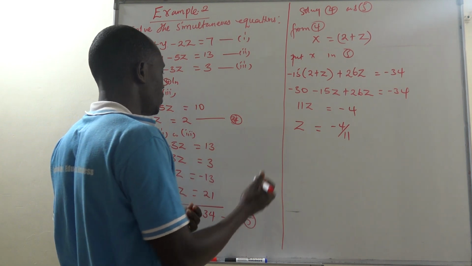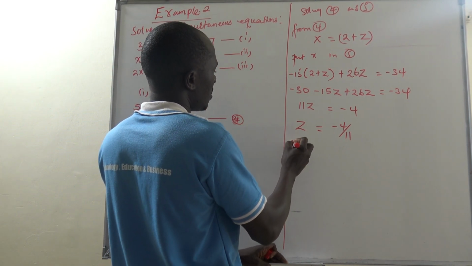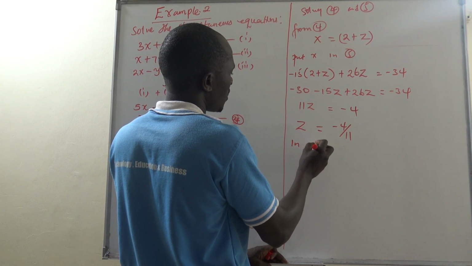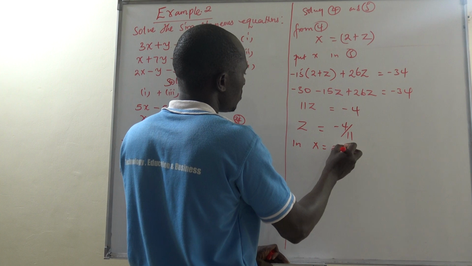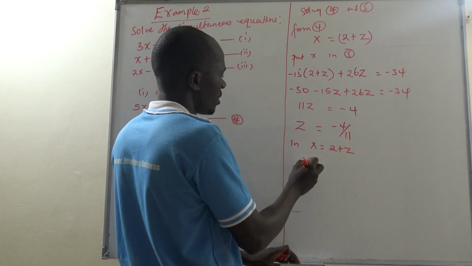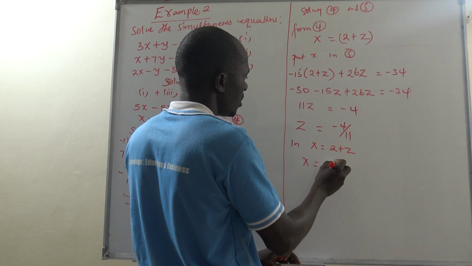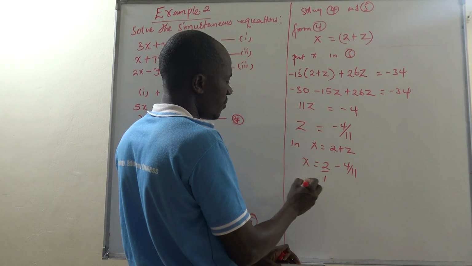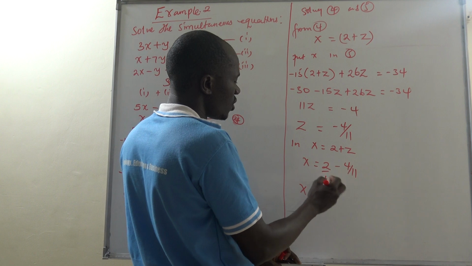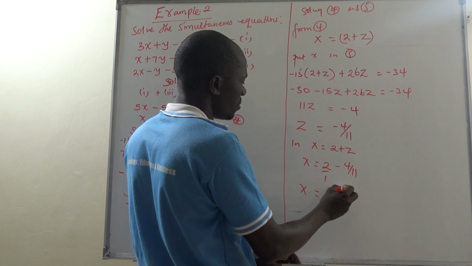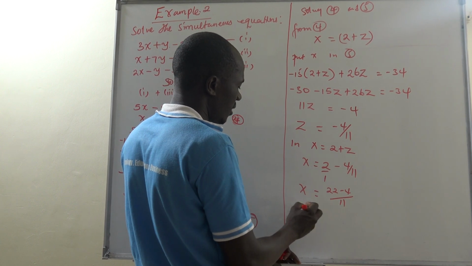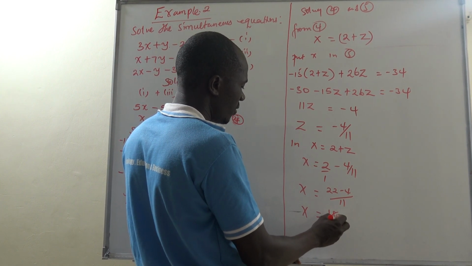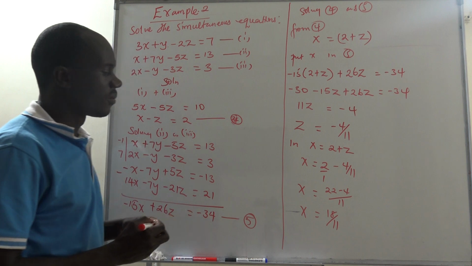So we will substitute in x = 2 + z. So x becomes 2 - 4/11. Can we get the LCM? The LCM is 11. So this becomes (22 - 4)/11. What is 22 minus 4? That is 18 out of 11 as the value of x.